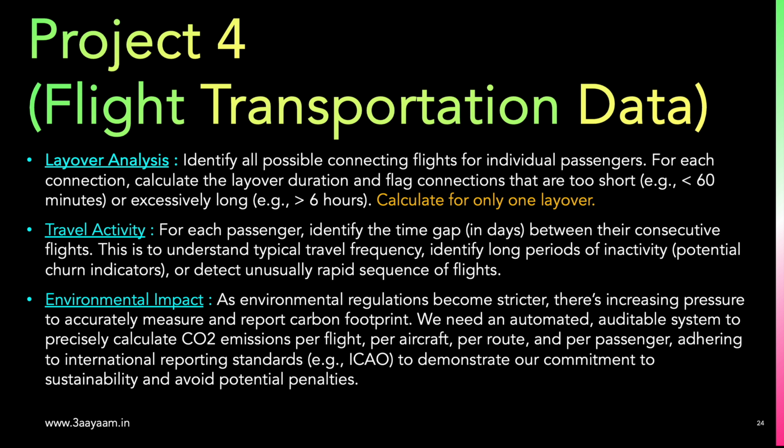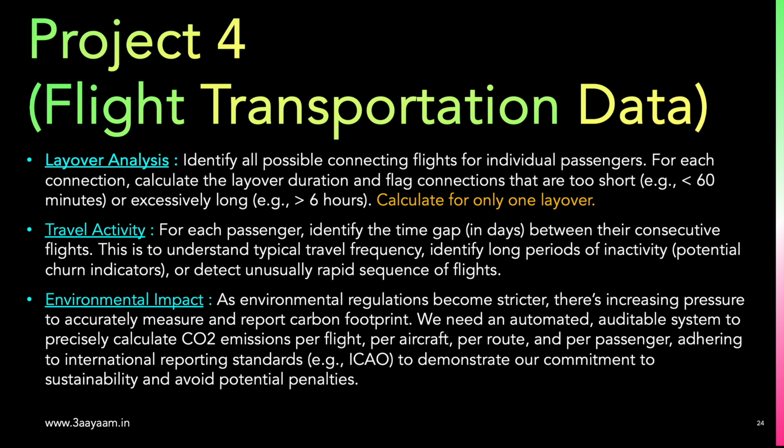The final analysis is for environmental impact. And what it says is that as environmental regulations become stricter for global warming, there's an increasing pressure to accurately measure and report the carbon footprint of the flights. So you'll need an automated, auditable system to precisely calculate the carbon emissions per flight, per aircraft, per route, and per passenger.